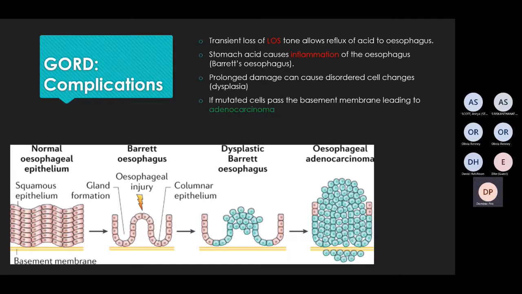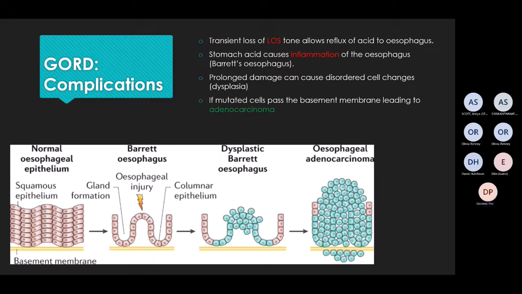that's in the esophagus. Now, prolonged damage can cause disordered cell changes, which are referred to as dysplasia, and a very small number of patients, I think 2% of patients with prolonged dysplasia, so confirmed Barrett's esophagus, will go on to get an adenocarcinoma, which is a carcinoma of glandular tissue, which has quite a poor prognosis.